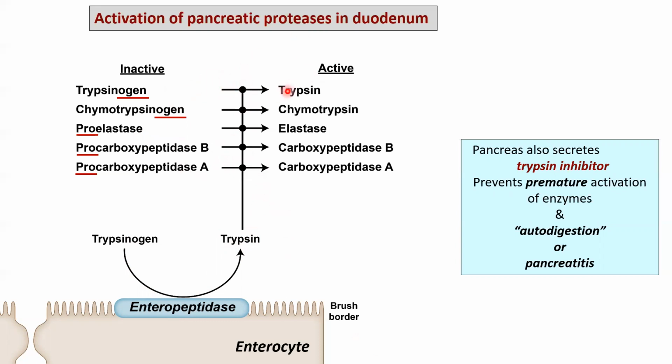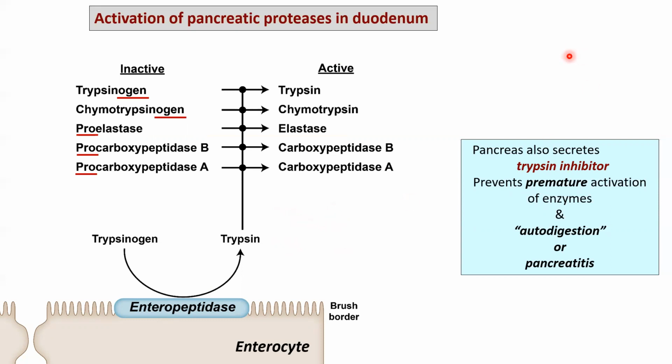More trypsinogen will be converted to trypsin, and then all the other peptidases get activated. So it creates a cascade. Remember, like in the stomach, once pepsin became activated, it activated other pepsinogen molecules, right? So it creates this cascade or waterfall effect, if you will.